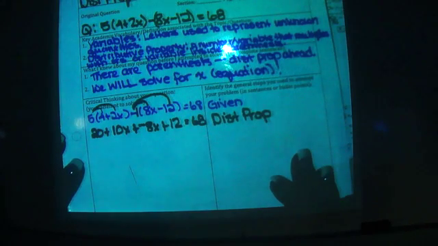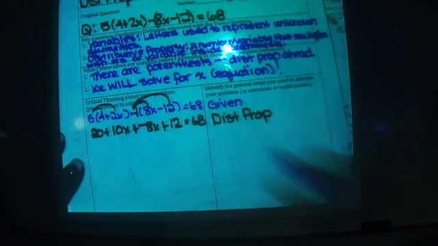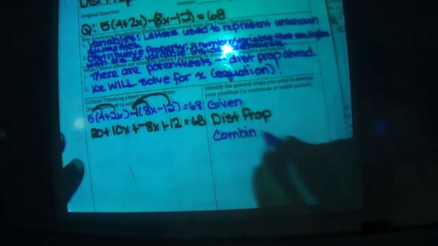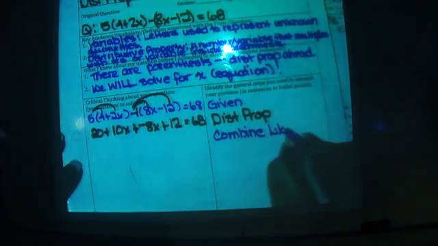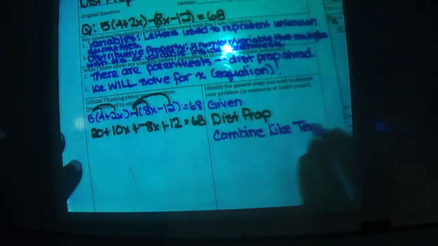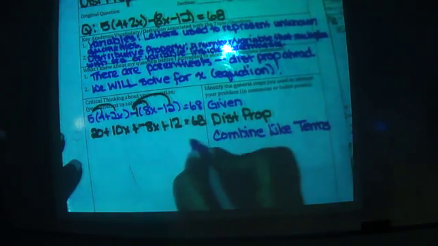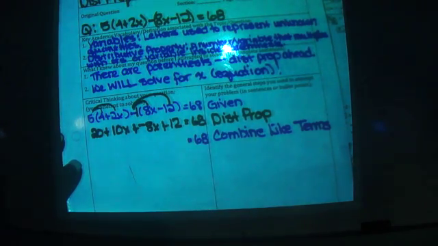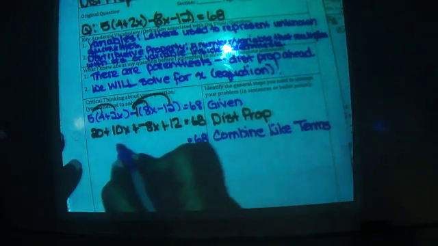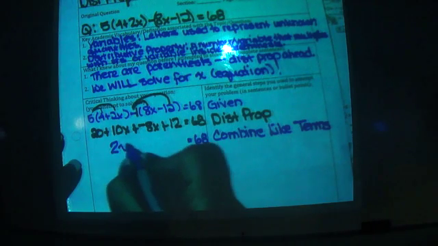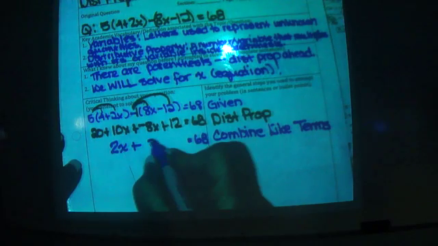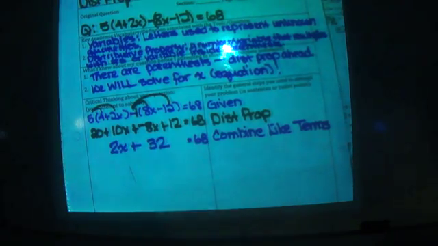Now, what are we going to do next? Combine like terms. Okay, so it's going to equal 68. How many x's do we have, kids? 10x minus 8x is 2x. 20 plus 12, 32.